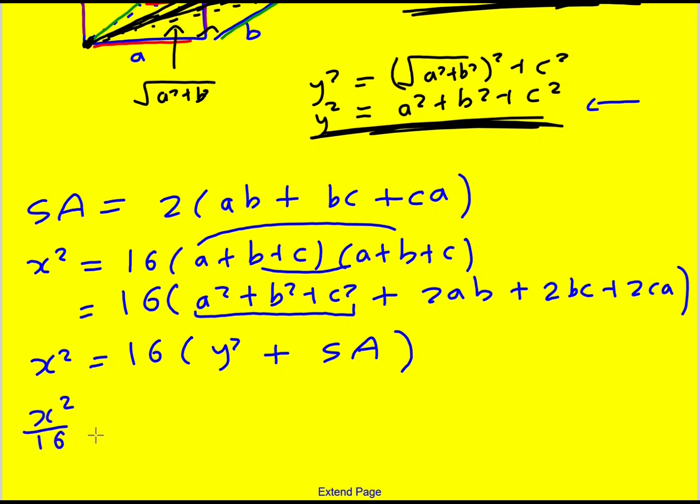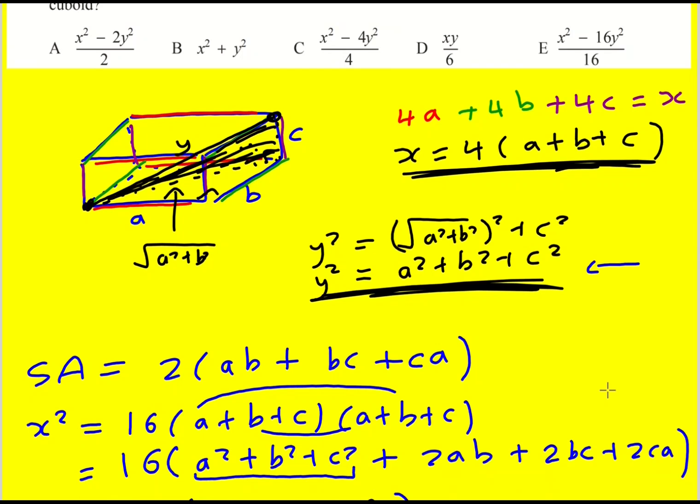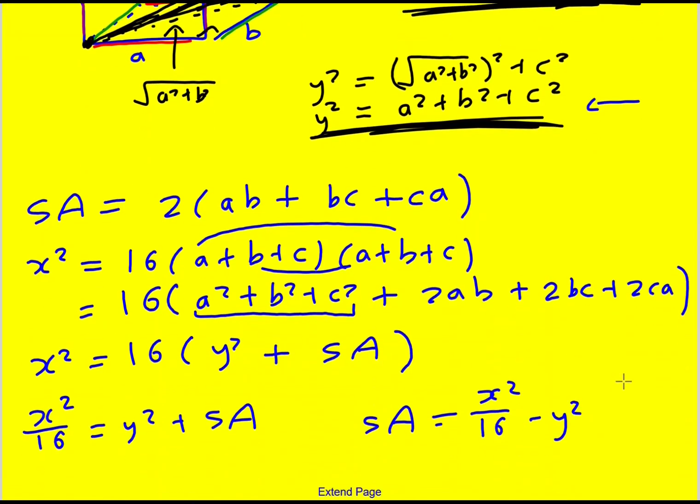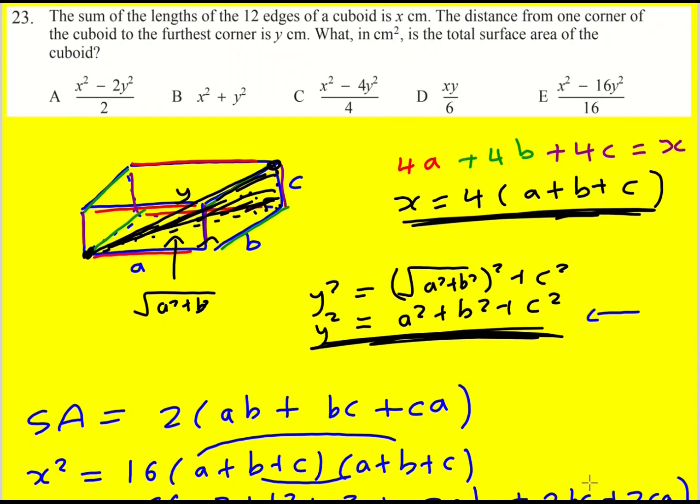X squared over 16 is equal to y squared plus the surface area, which means the surface area is going to be x squared over 16 minus y squared. Just need to check that that's there. Maybe they put it over a common denominator. I think they did. So we could write it as x squared minus 16 y squared over 16 if we wanted. It gives us an answer of E.